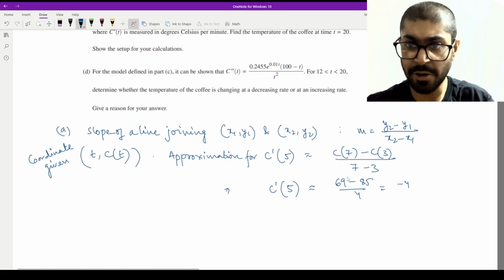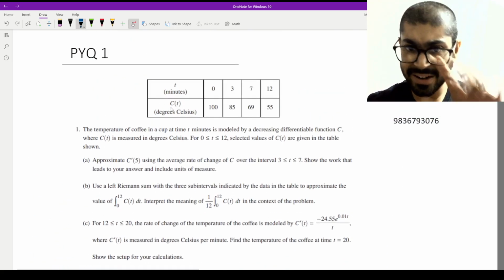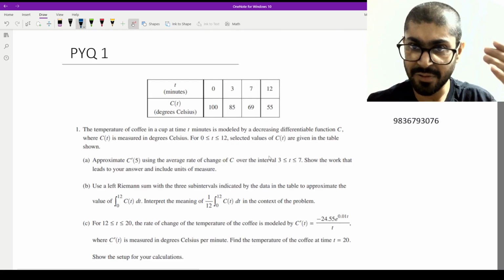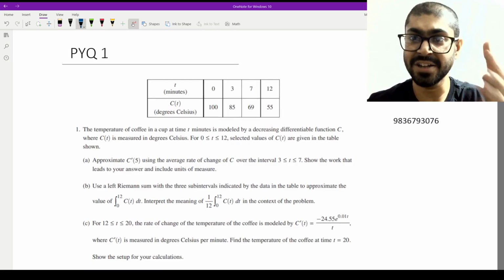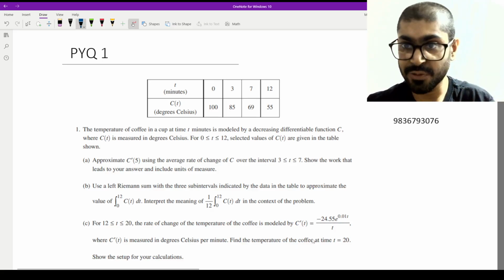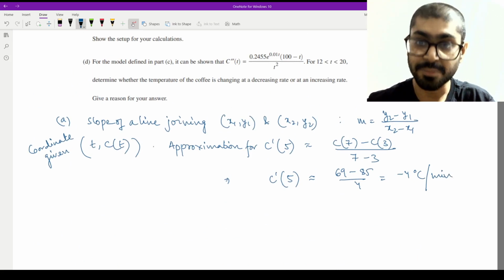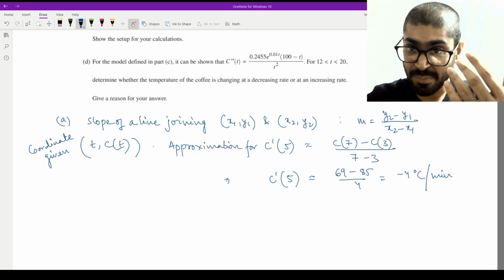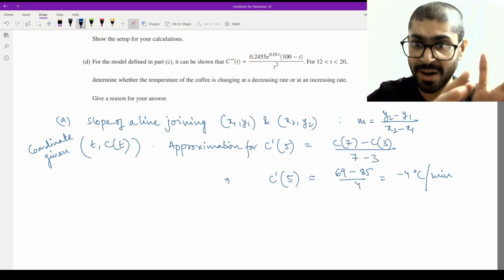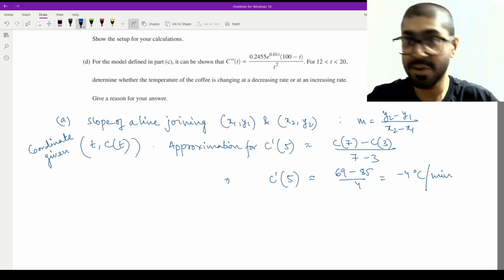Now what are we dividing? We are dividing c of t by t, right? So c of t is represented by the units of degree Celsius and t is represented by minutes. So minus 4 degrees Celsius per minute. It is mentioned in the marking rubrics that the portion of marks allotted for this is not to be allotted if you miss the units.